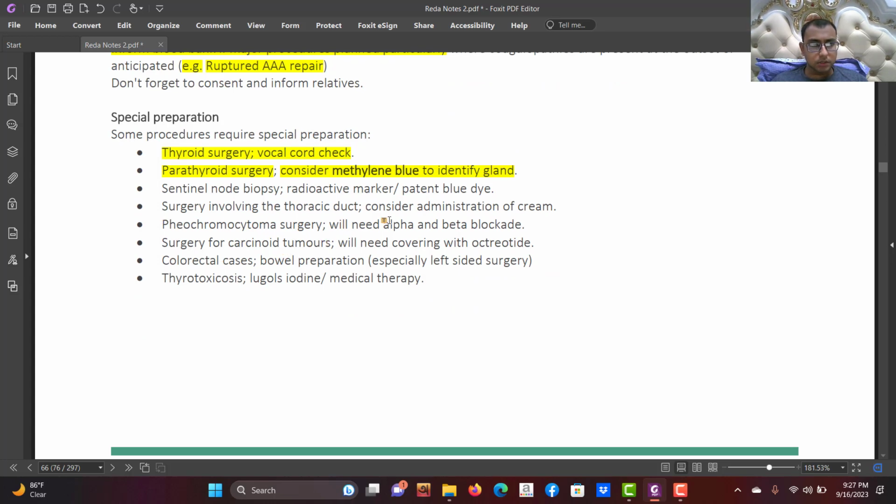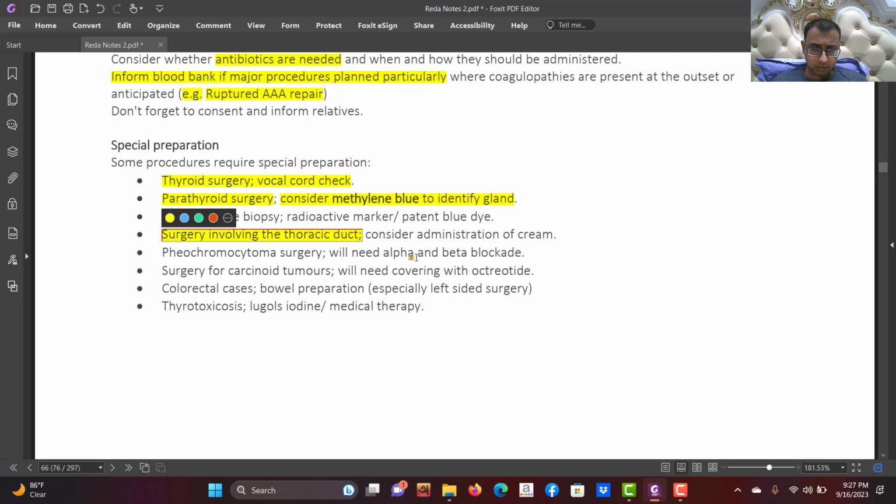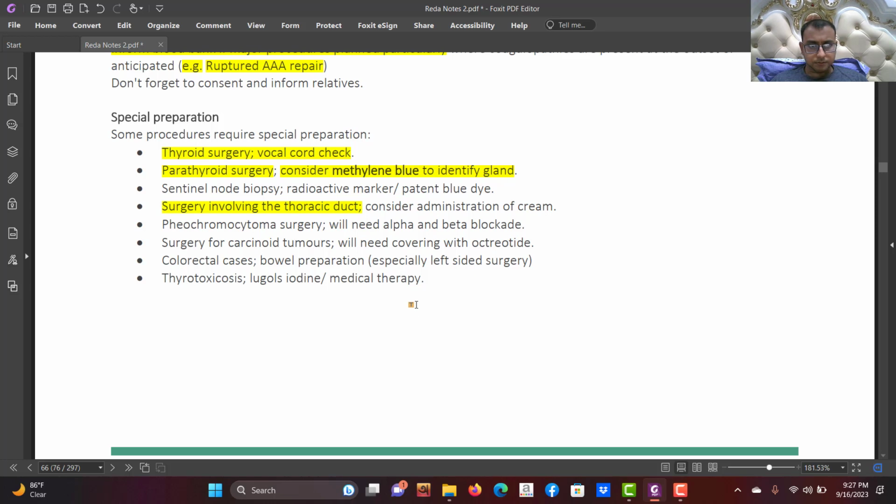Surgery involving the thoracic duct, consider cream. Oh yes, okay, the thoracic duct has a very high chance of injury in any neck surgery or surgery to the apex of the lung. In that case there is a close relation of the thoracic duct on the left side, so we can use cream to identify the thoracic duct so it is not injured.